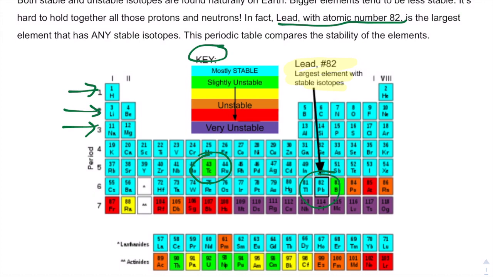And after that, they get to be the green, orange, red, and purple colors. So what it means is that smaller atoms tend to be more stable. Maybe the nucleus being smaller, it's easier to hold together. But bigger atoms with lots and lots of protons and neutrons are more unstable and tend to be radioactive or radioisotopes.